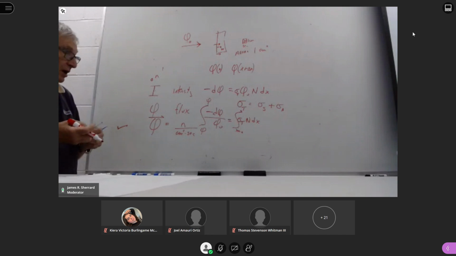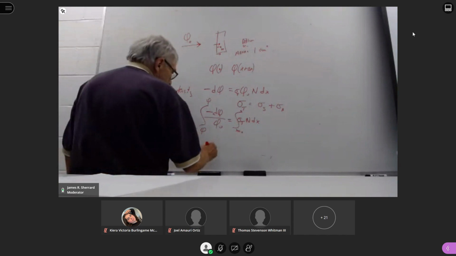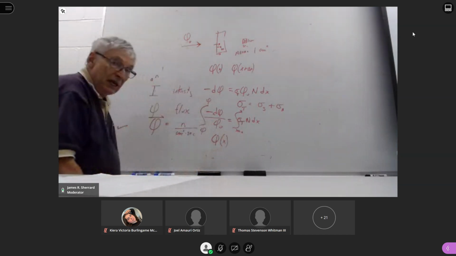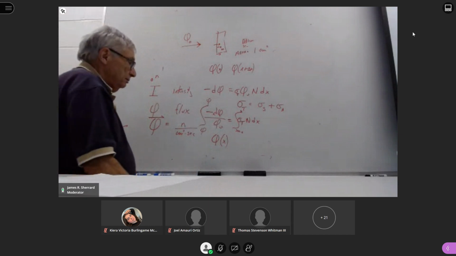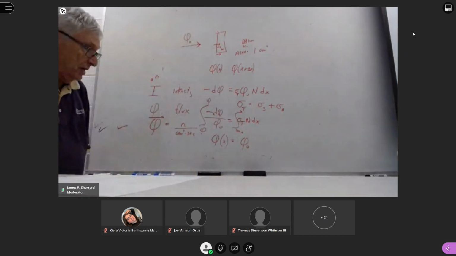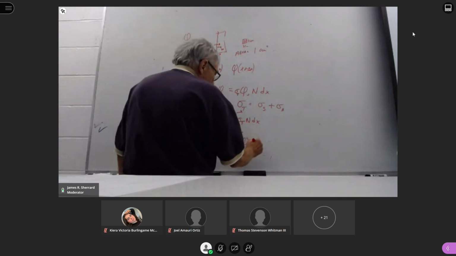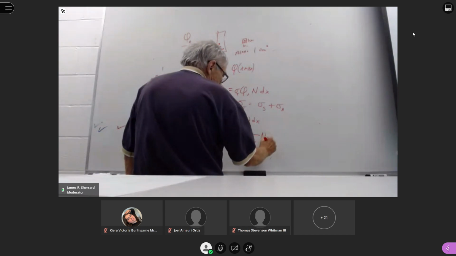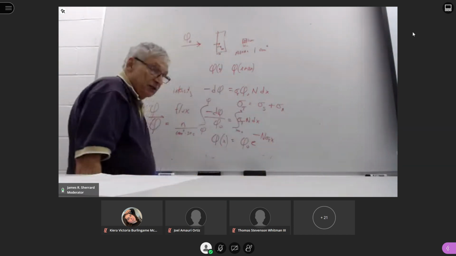We've used this before in natural radioactive decay, other things. The flux at any point x as it goes through a material is the original flux that comes in times e to the minus n sigma t and x.